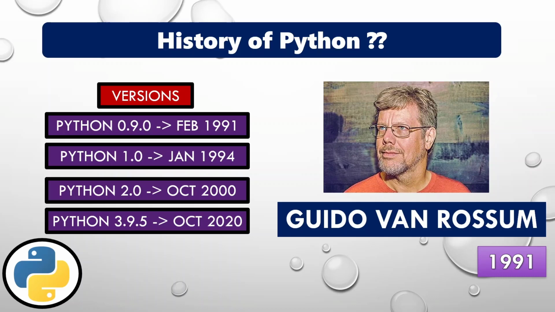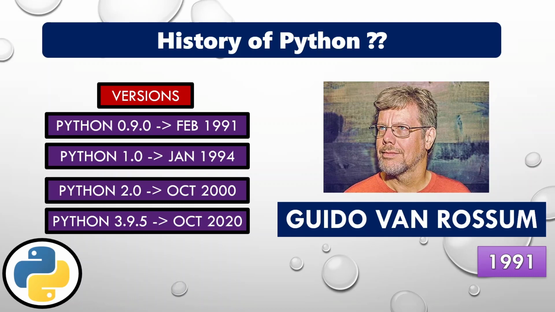After that we got multiple releases of Python, and the popular ones I have written over here: Python 1.0 was released in January 1994. Python 2 was released in October 2000. Python 3.9.5 is the latest version currently, and we will be using 3.9.5 in this video series. It was released in October 2020.